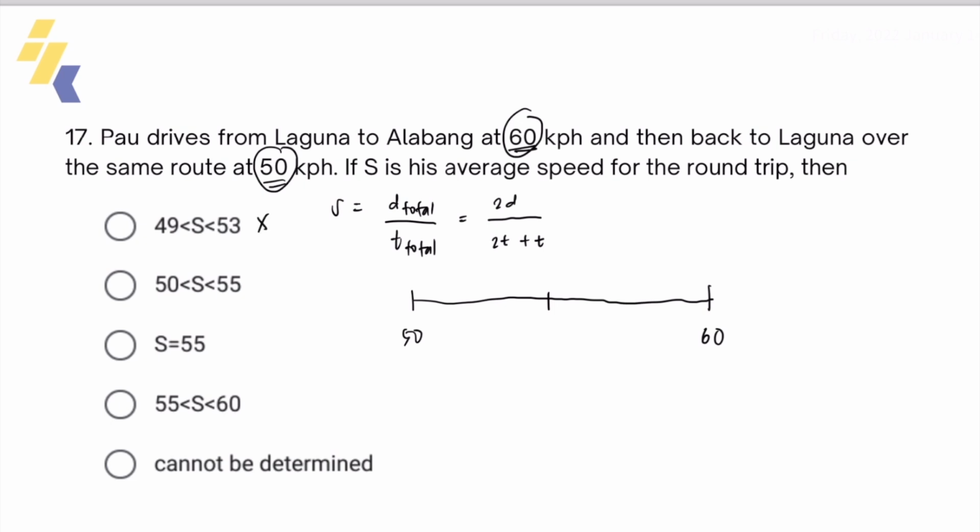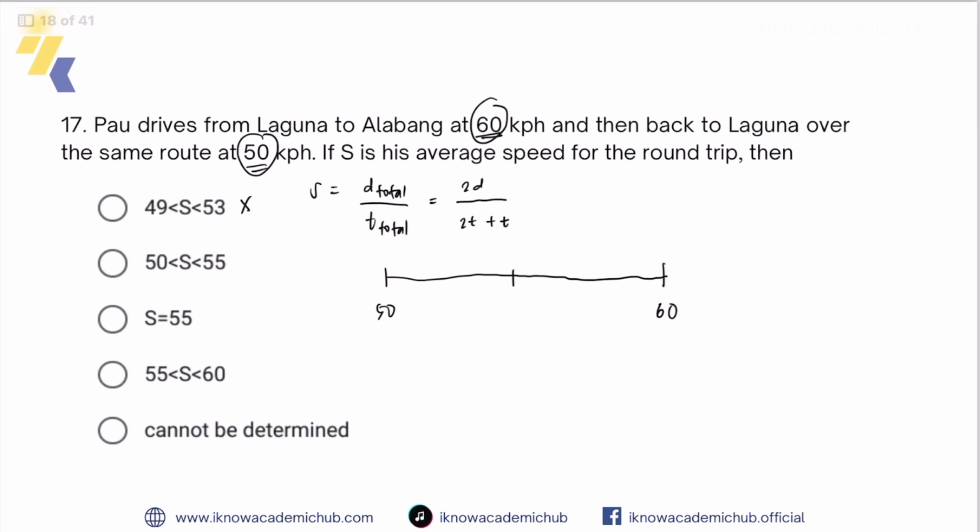So, the first option is wrong. The second is also wrong kasi nga hindi sila magkasimbilis. Okay? Tanggalin din natin itong last option, and it cannot be nearer to 60 kasi nga slower yung speed going back. So the correct answer here is the average speed should be between 50 and 55.